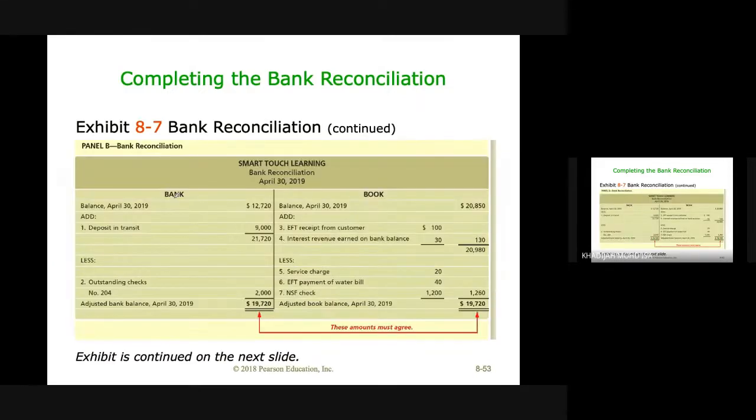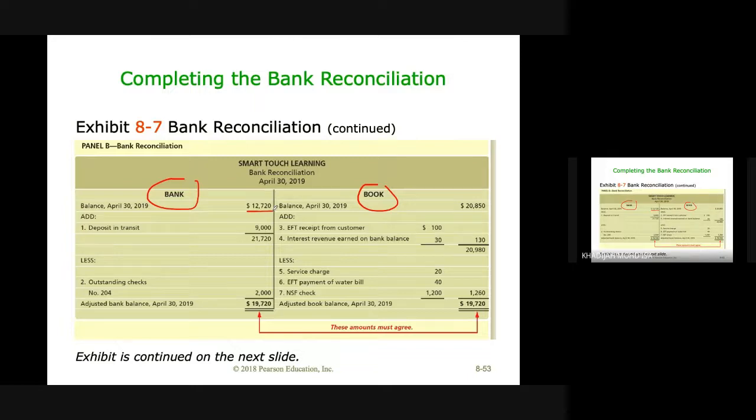Right. So this is the bank reconciliation. You have two sides. One is the bank side, another one is the book. You can do a side by side, or you can do a vertical where you start with the bank balance, and then later you look at the book.